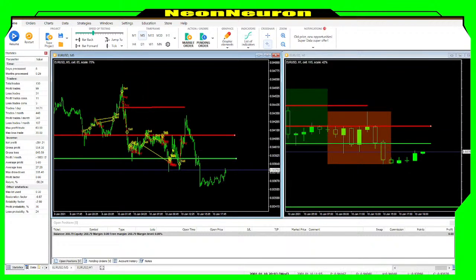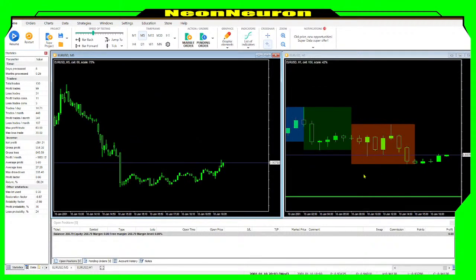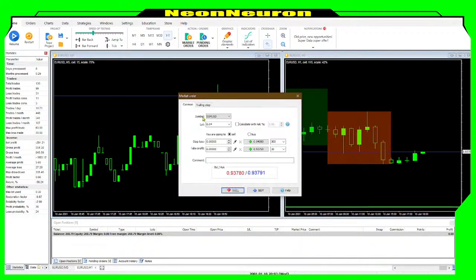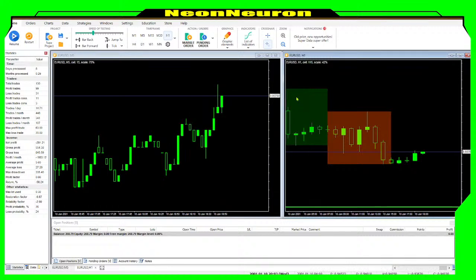All right, so we can probably redraw these lines now. Let's just get rid of that. We got a new session starting. So let's redraw our lines. We have the sellers stepping in.